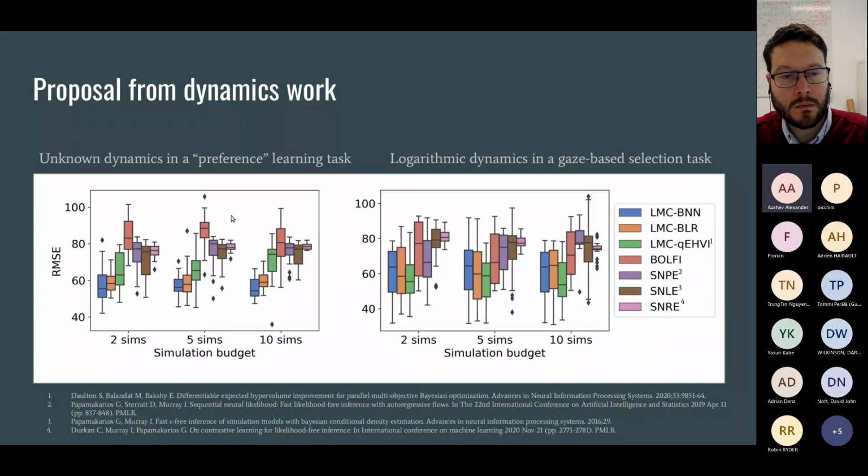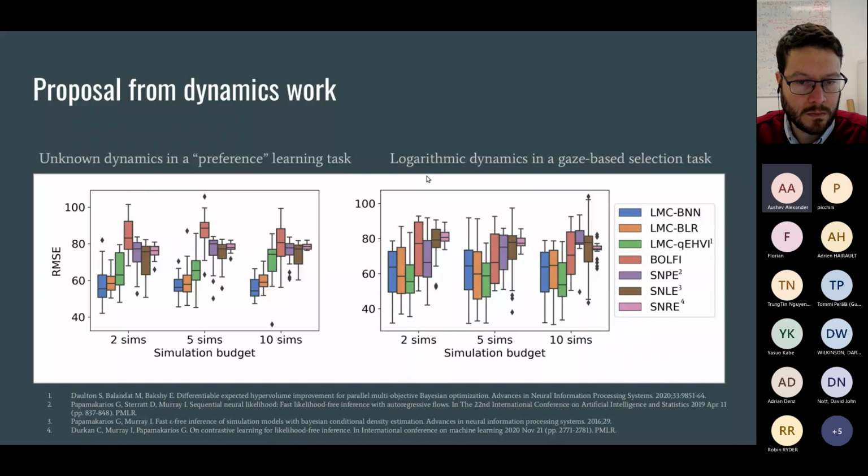So that's a very lengthy explanation. The bottom line here is that it's a test case where the transition dynamics is unknown.